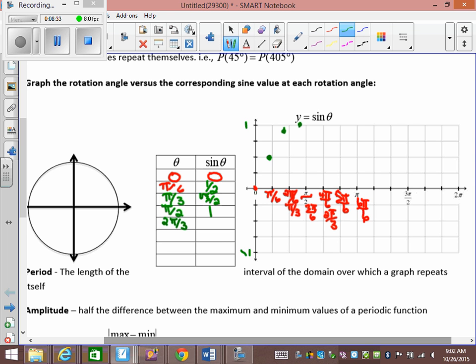Go on your unit circle. 2 pi over 3, I have root 3 over 2, so 0.866. Then 5 pi over 6, I have 1/2. And then at pi, I have 0.